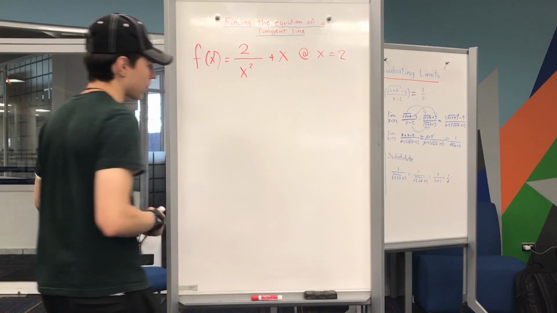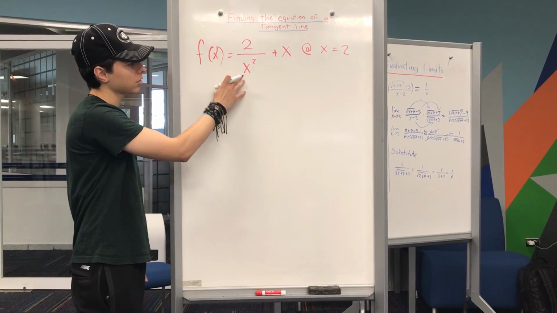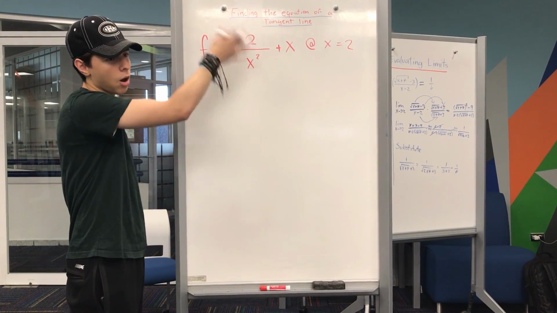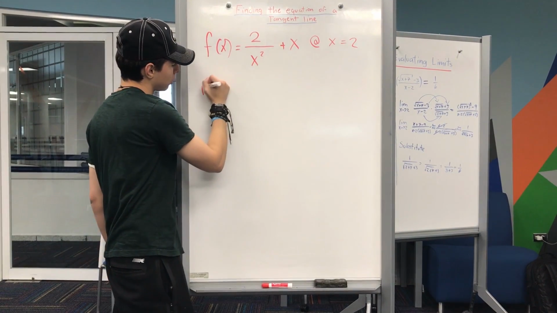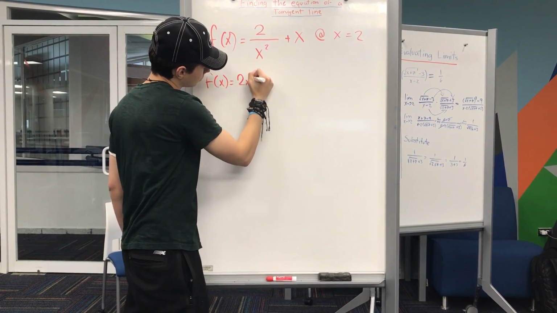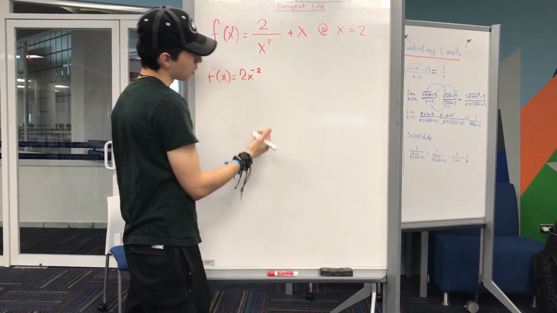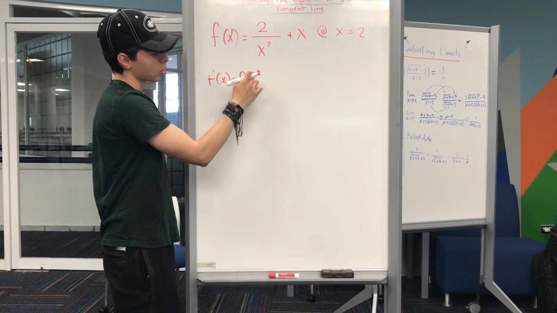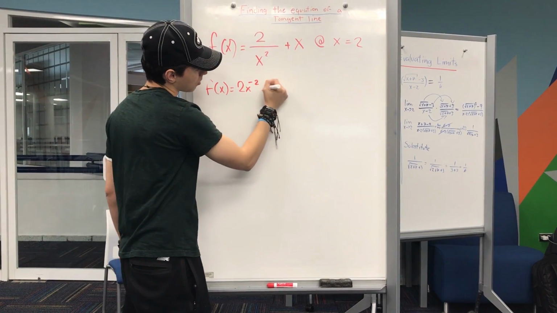So we're going to rewrite the equation by sending x to a power of 2 up with the numerator. It will become x to the power of -2 plus x.